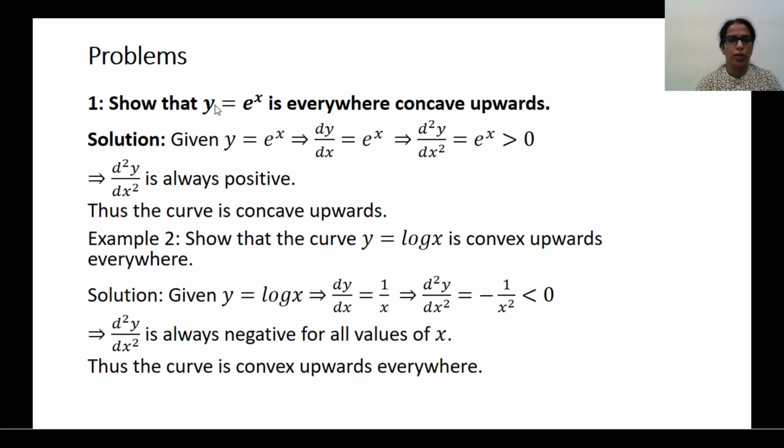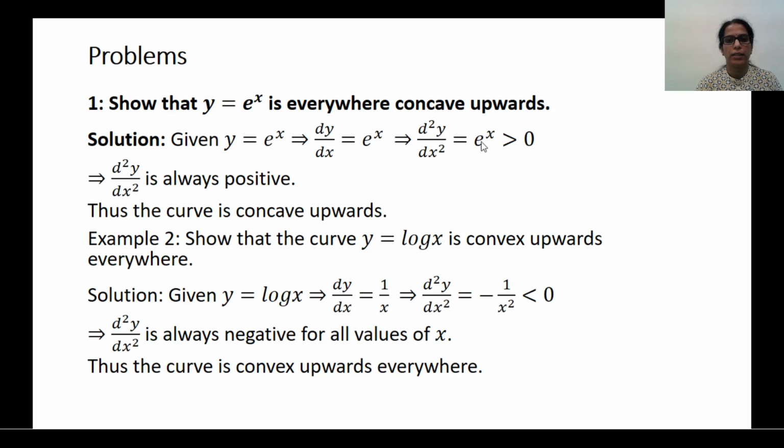First one, show that y equals e power x is everywhere concave upwards. Consider the given function. Differentiating with respect to x, you will get e power x only. Again differentiate to find the second derivative. d square y by dx square is nothing but e power x.